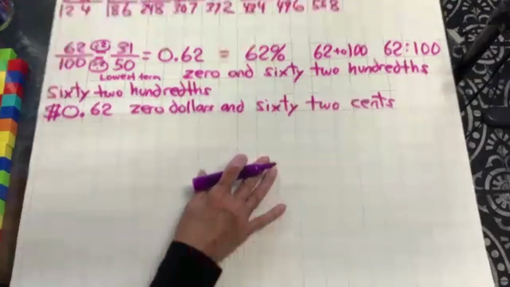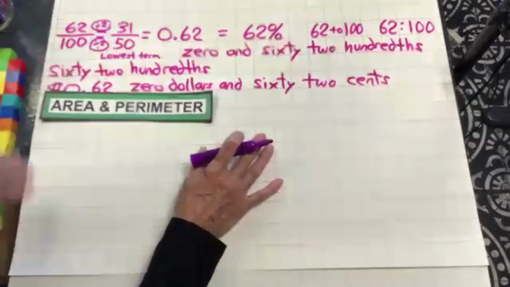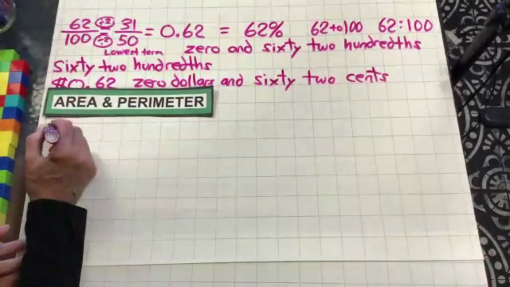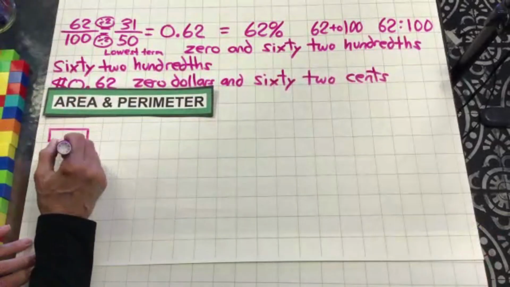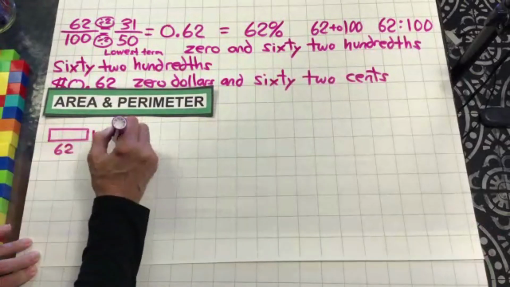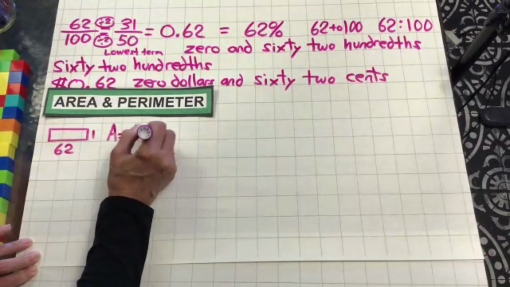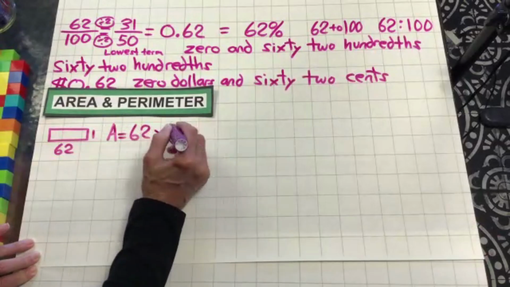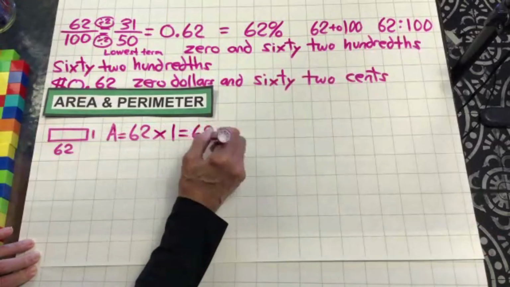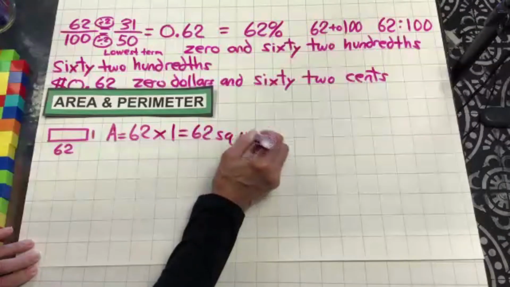Let's move on to area and perimeter. So we don't have much to do today since we only have 2 factor pairs. So let's start off with our first one, 62 by 1. So area equals width, 62 times height or depth, 1 equals 62 square units.